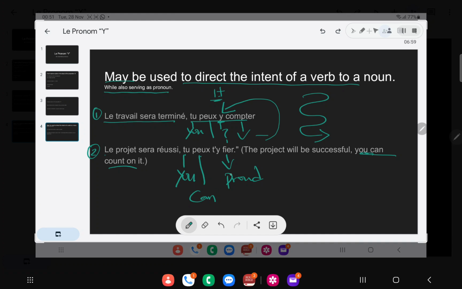So we have "you can be proud." What does this signify here? This y means "on it." So you can be proud of it. Not "on," let's change this to "of." You can be proud of it.